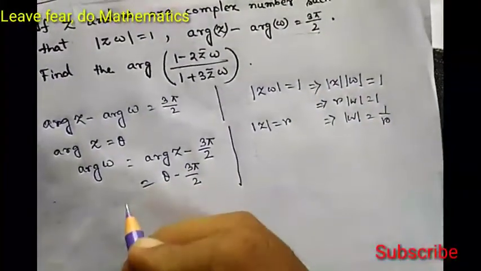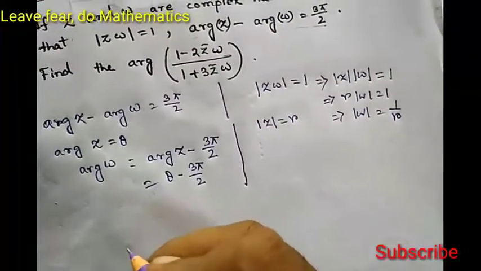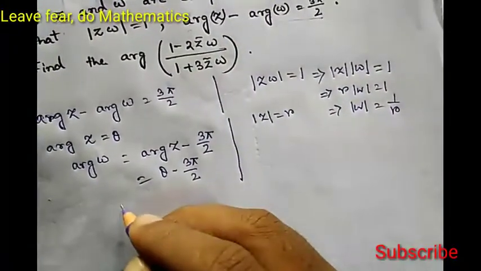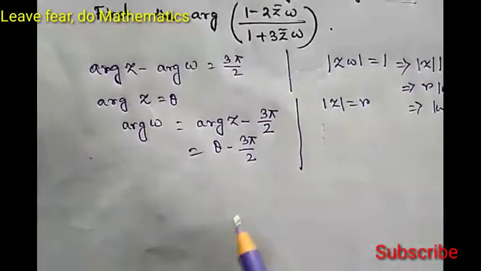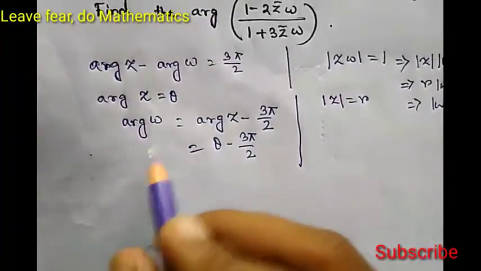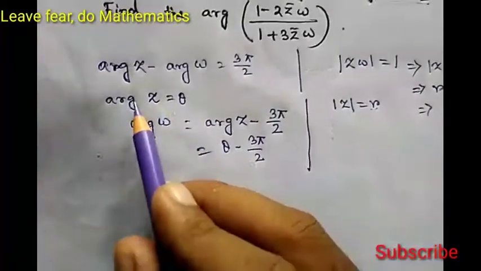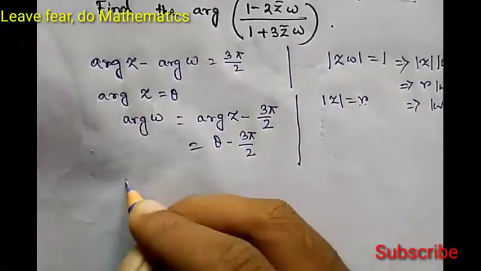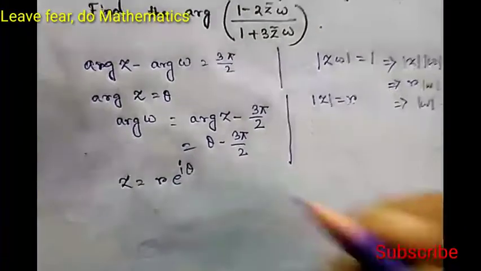So now we can write any complex number in modulus amplitude form. Let us write Z in modulus amplitude form. Given that the modulus of Z equals R and the argument of Z equals theta, we can write Z equals R e to the power i theta.